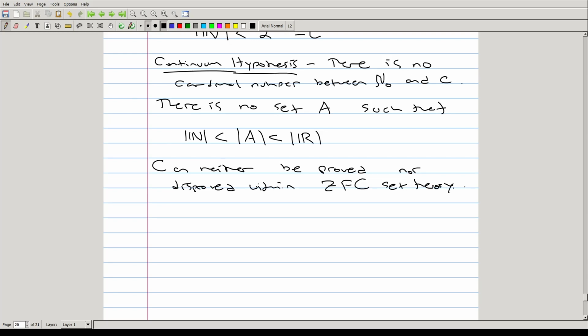So it's kind of outside the modern ZFC set theory, or Zermelo-Fraenkel axioms. And so there's a lot of controversy over whether or not these axioms should be replaced by some other set of axioms for set theory because of this. However, this is still an open, very important problem.